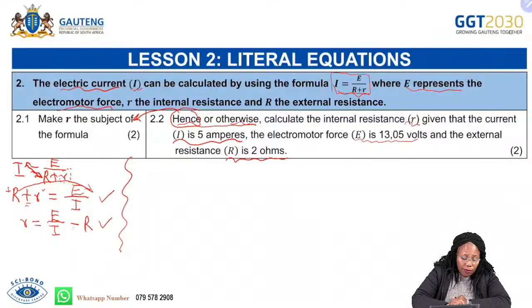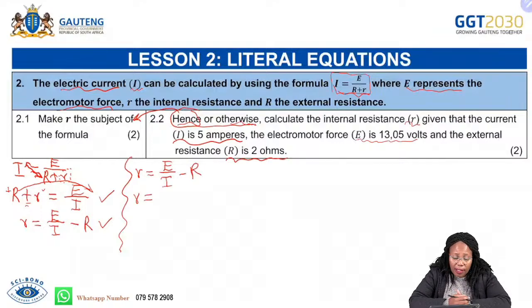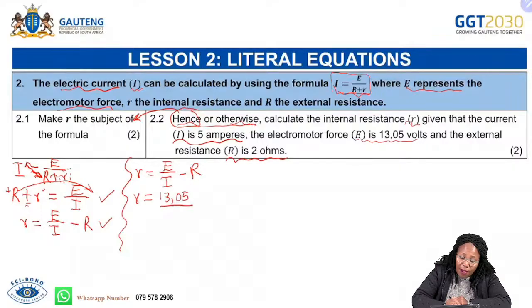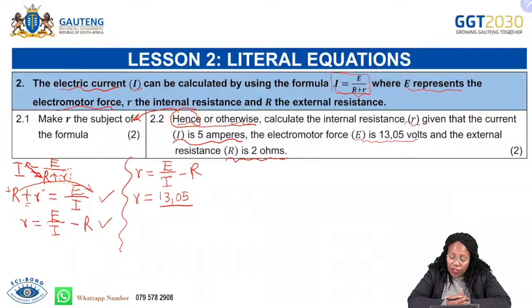Okay, grade 12, you can take your formula r equal to E over I minus R, if you are confident enough that it is correct. And then now let's substitute. What is E? Electromotive force, that is 13.05 over I, of which is the current.